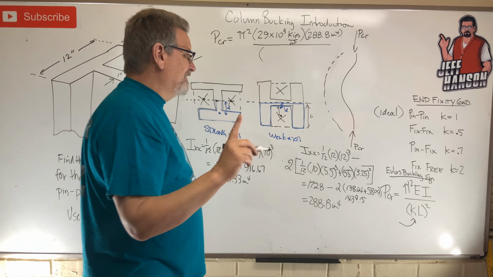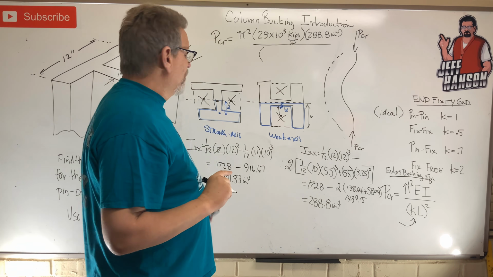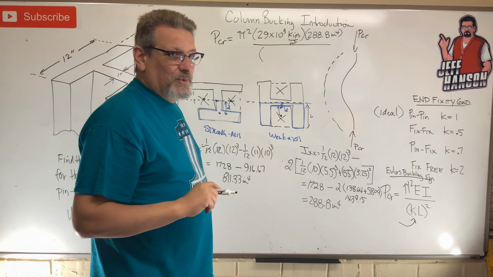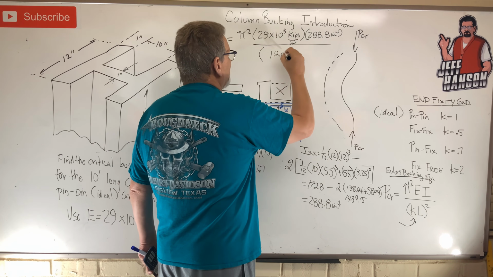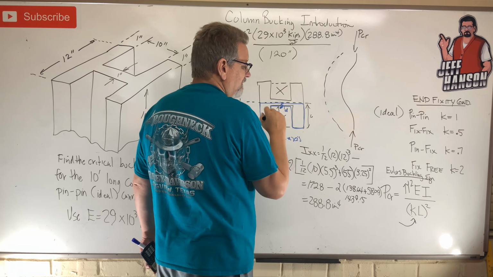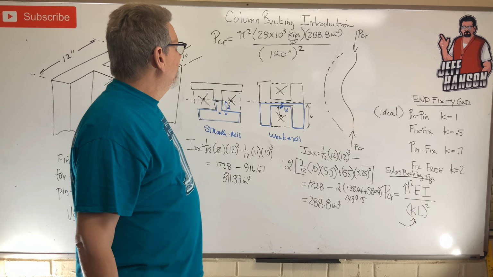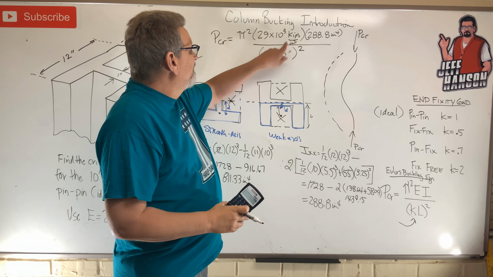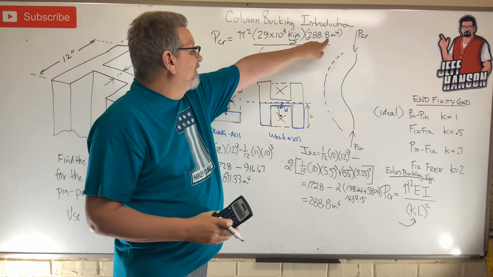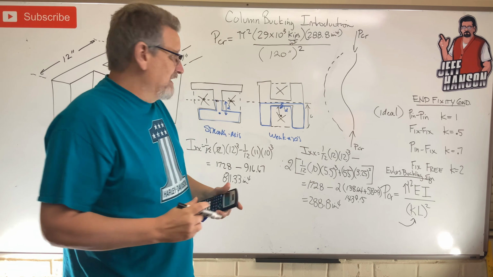This is pinned, so our K value here is going to be 1. And our length is 10 feet, multiplied by 12, 120 inches, and we've got to square that, don't we? The inches squared goes to the bottom, and cancels out with the inches to the 4th, leaving us with P in kips.